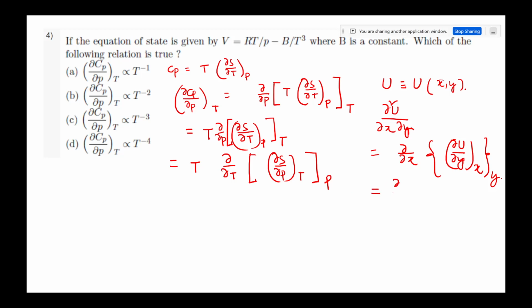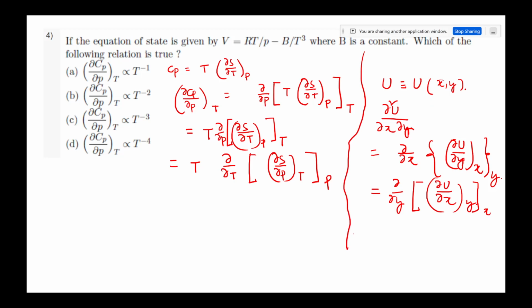Similarly, del y of del u del x, keeping y fixed. So we have used multivariable calculus.